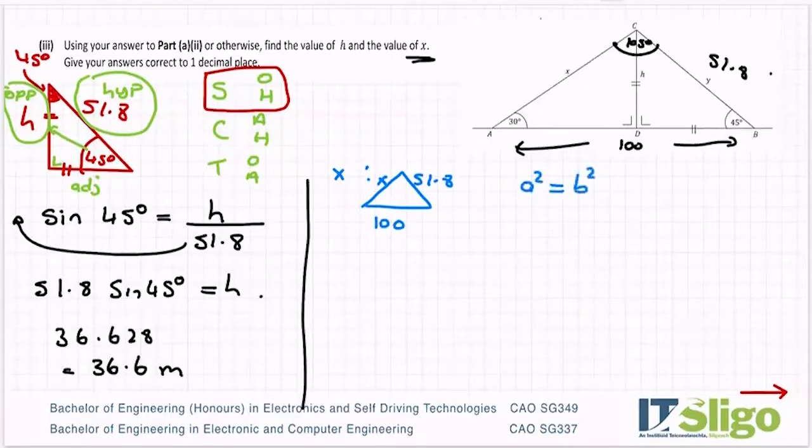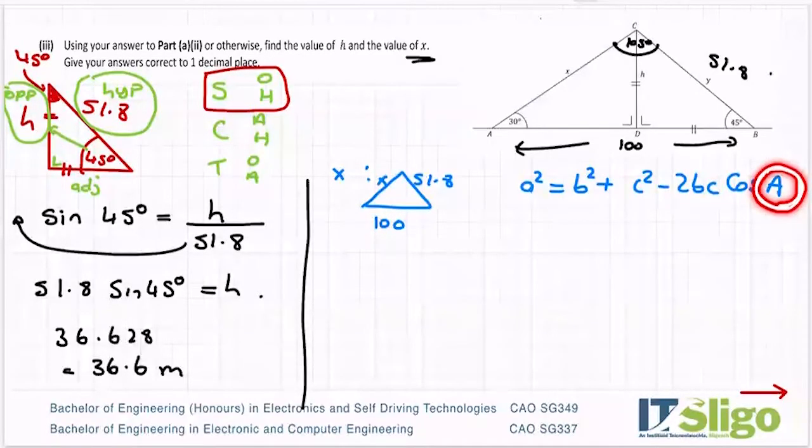A squared is equal to B squared plus C squared minus 2BC, the cosine of that angle A. Okay, the only thing you have to be careful of is whatever angle you're taking here, you have to put the side across from it here. Okay, they have to match up. It doesn't matter which is B and C, but the angle has to match the side.